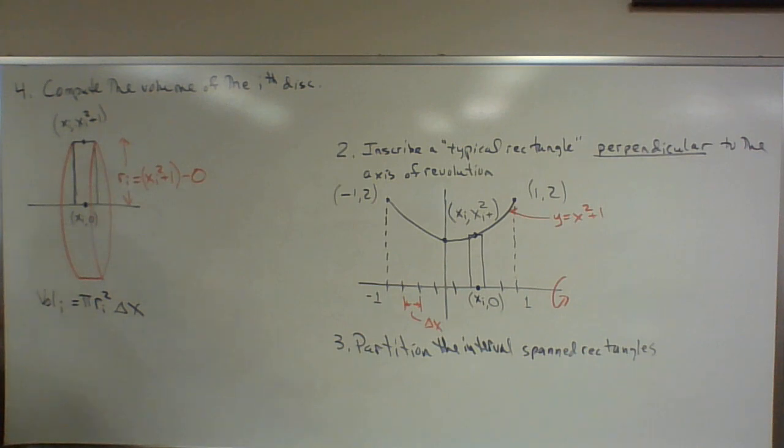Okay. So the volume is pi r sub i squared, and r sub i is x sub i squared plus 1 minus 0, or just x sub i squared plus 1. It's r sub i squared times the thickness, which is delta x.